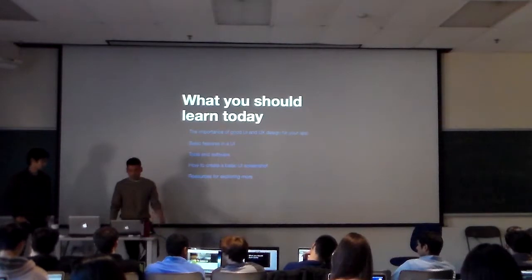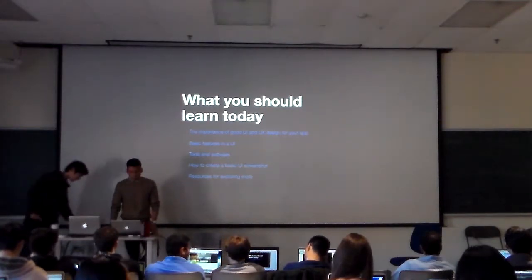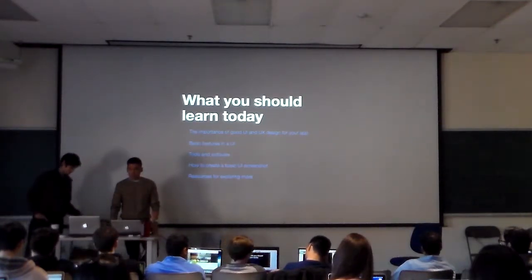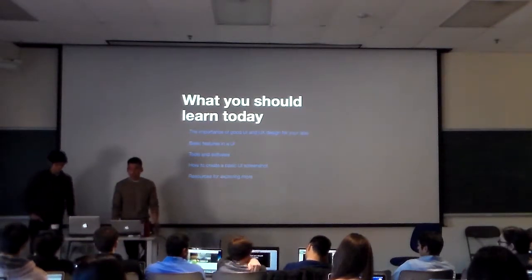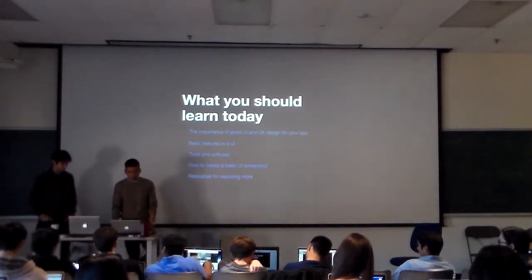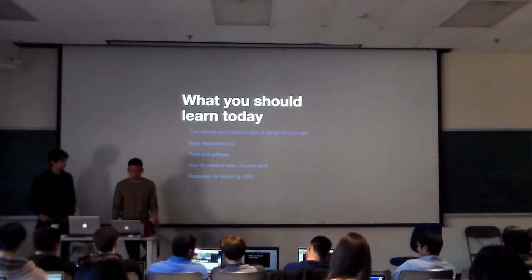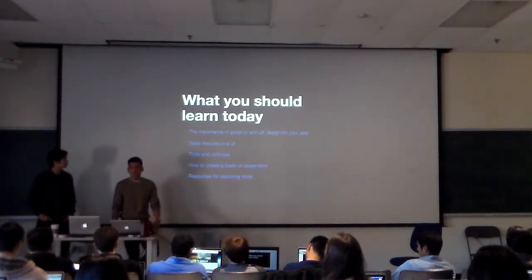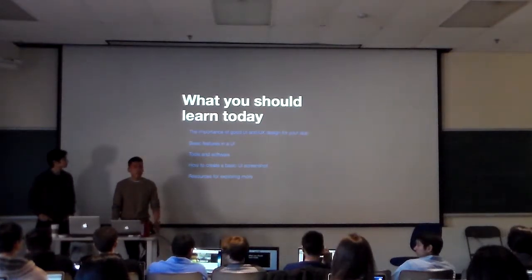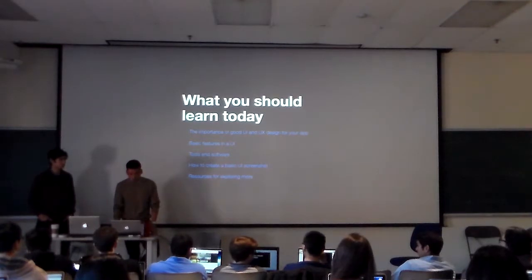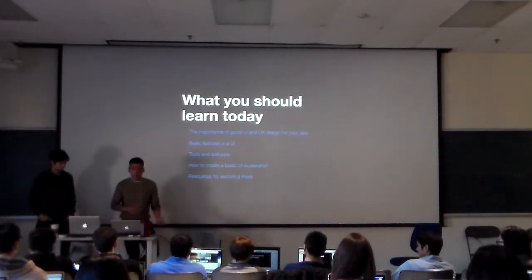That will give you a good understanding of what to include. Some of the basic tools and software, Photoshop, Illustrator, maybe some alternatives if you guys want to try that. And we're going to do a little workshop to create a basic UI screenshot and an app icon for the team. And then we're going to give you resources so you guys can learn some more things about design and kind of practice and try things out.